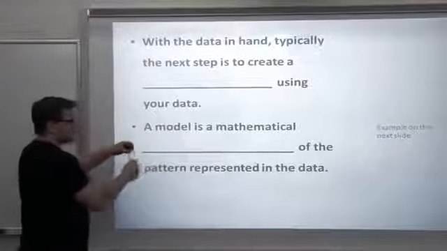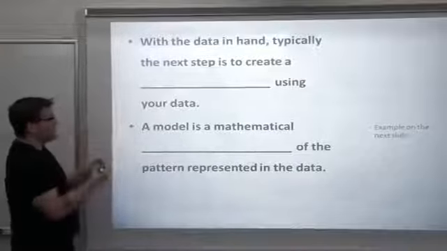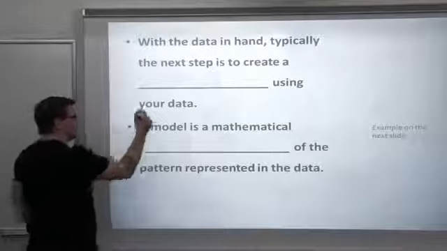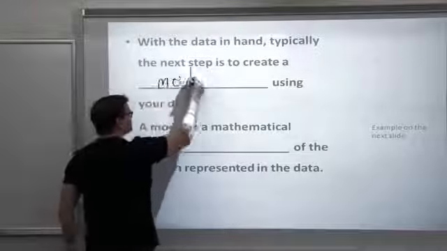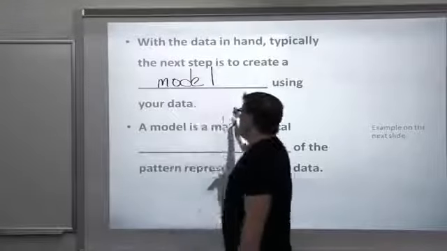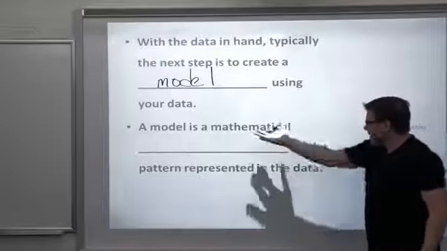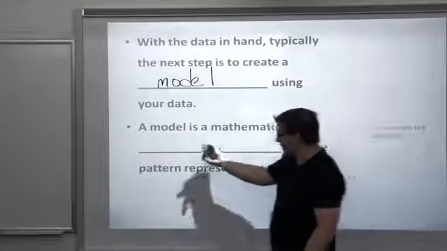Here's what statisticians and researchers often do. Once you have your data in hand, a lot of times the next step is to create a model using your data. What a model is, it's usually a mathematical formula.